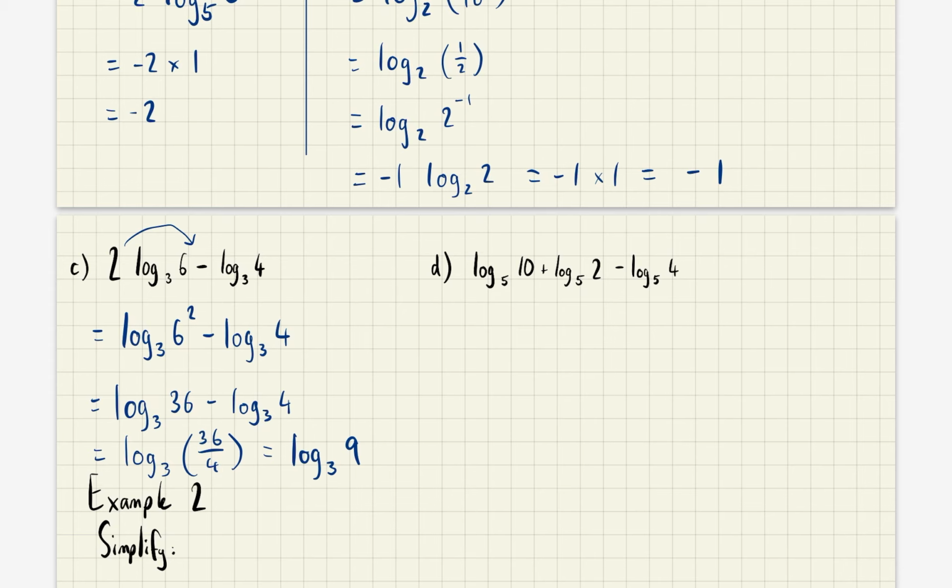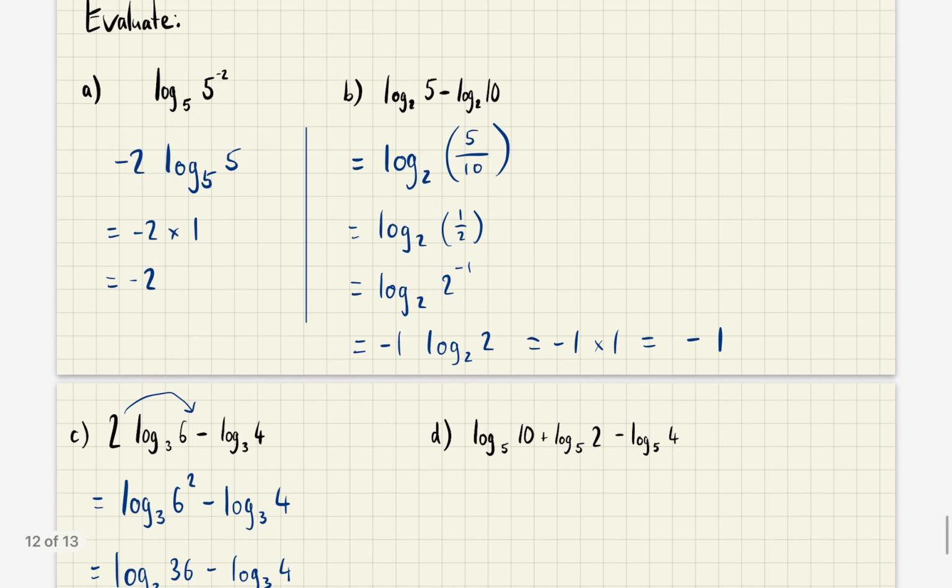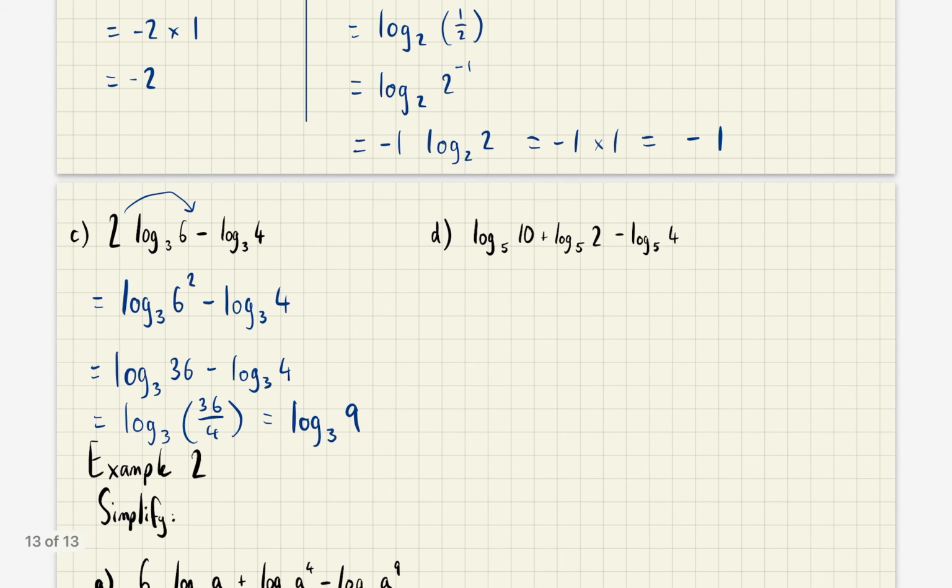But we can actually simplify that further because you'll notice it says to evaluate. Evaluate means that we want a whole number at the end, or at least close to it. So far we haven't actually evaluated it yet. But this is something that most people, when they're working with logs for the first time, they don't see this, but hopefully you will eventually.